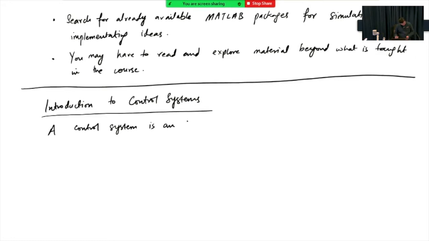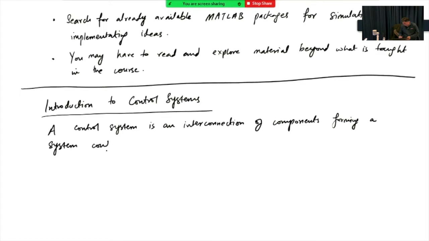So if you just want to say what a control system is, it's an interconnection of components forming a system configuration that will provide a desired system response.